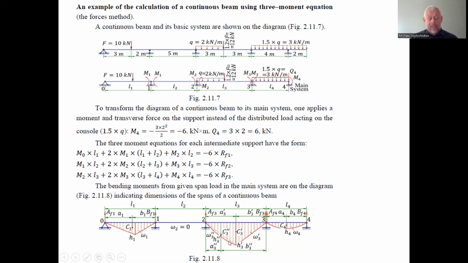The segment of action of the distributed load causes the parabolic shape, added to the diagram of the concentrated force, which is of triangle shape.